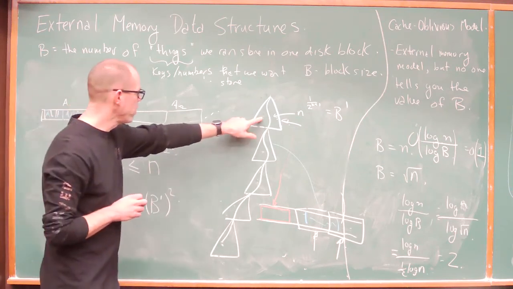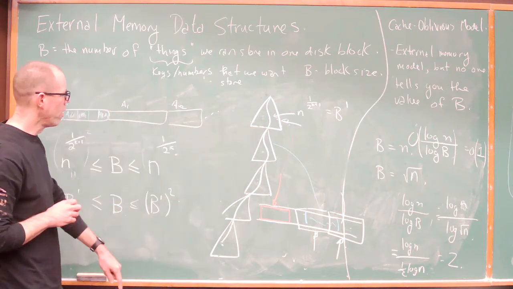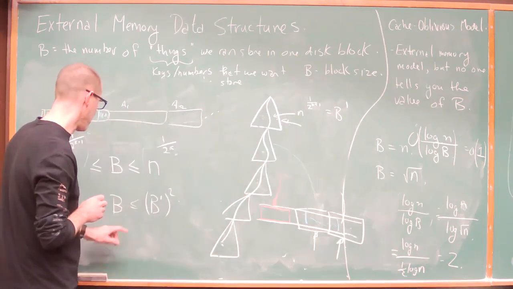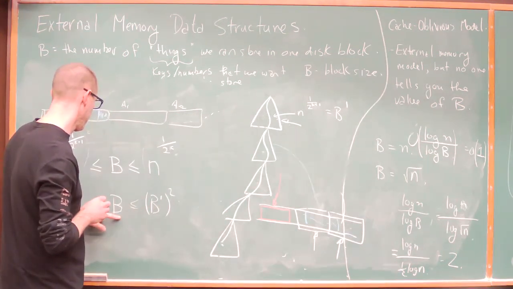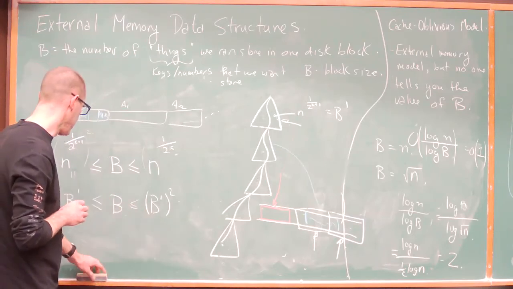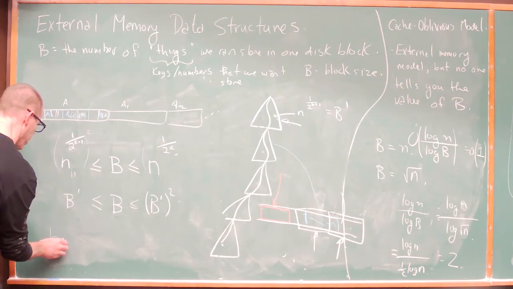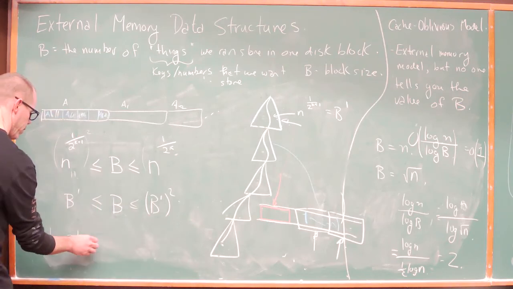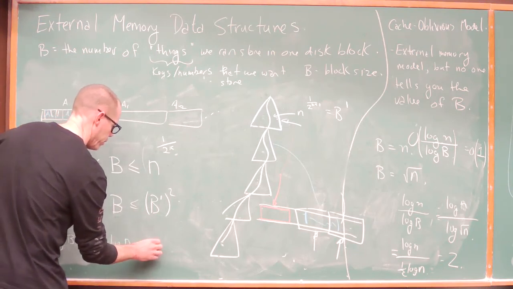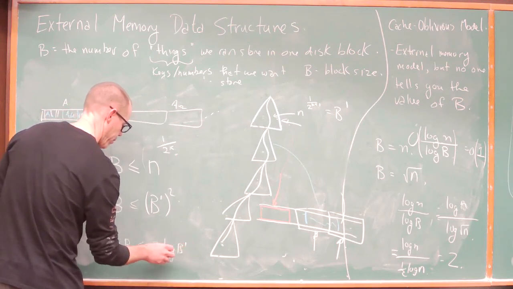So the sizes of these trees are all smaller than or equal to B, but if you square them, they're bigger than B. All right, but then that means that the log of B prime is less than or equal to the log of B, which is less than or equal to 2 times the log of B prime.